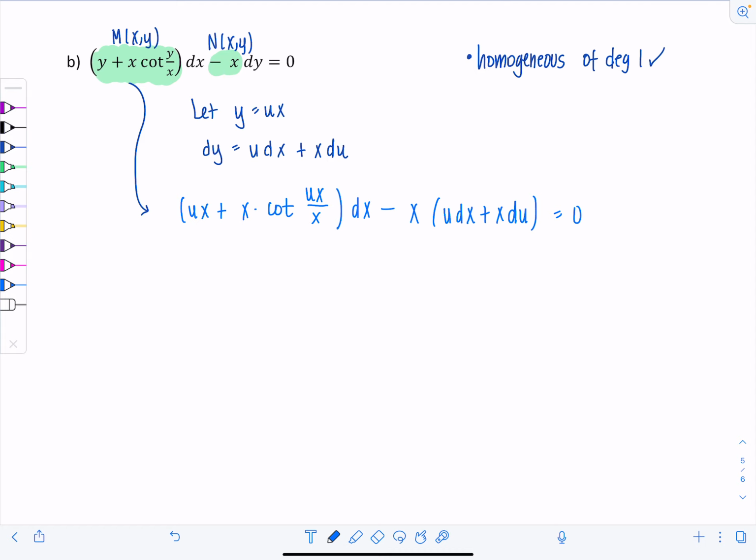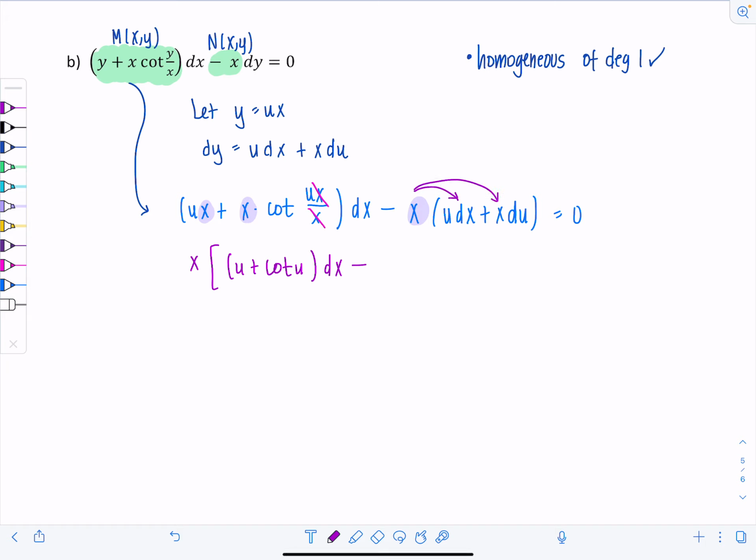Okay, let's see how we can clean this up. So notice these x's can cancel. Again, we're assuming x is not 0. What else can we do? I can factor out an x right here. So let's go ahead and do that. So we've got x times u plus cotangent of u dx minus, I'm going to go ahead and distribute the negative, okay?